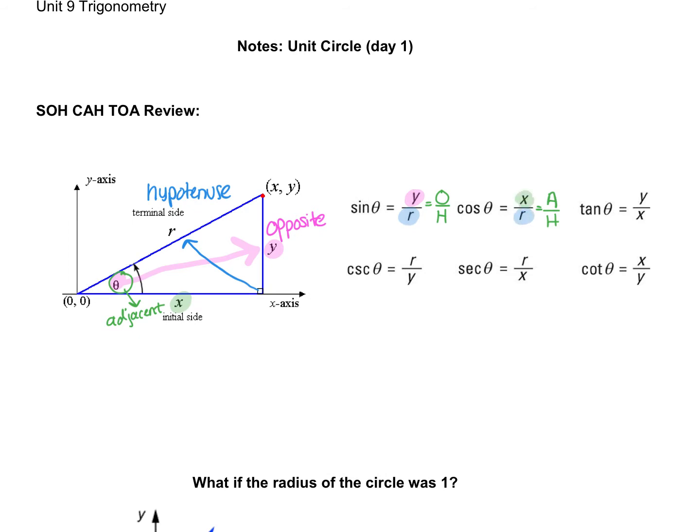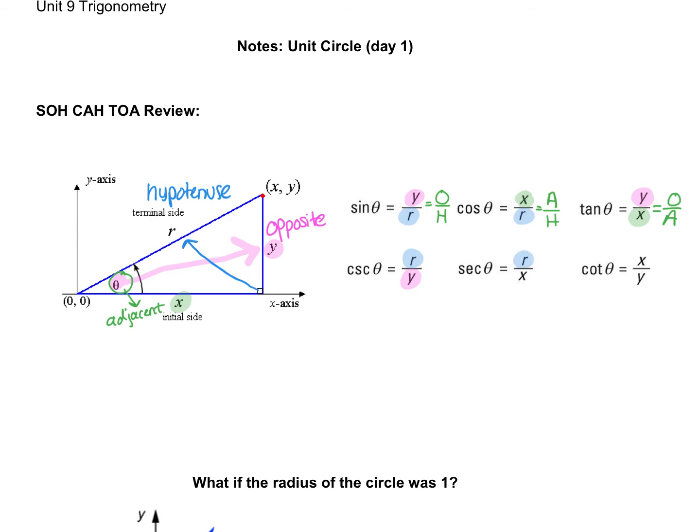And then my tangent is normally opposite over adjacent, but now my opposite side is y, and my adjacent side is x. So it's going to be y over x. And then my cosecant is going to be just the opposite. So my cosecant is going to be y on the bottom. It's going to be r on top.